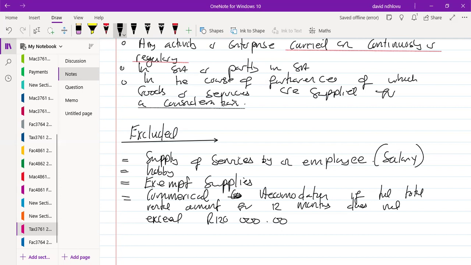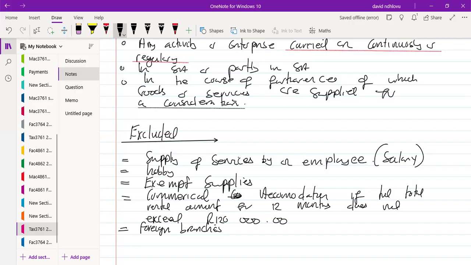Right, then we have foreign branches. If you have got foreign branches, you are domiciled in South Africa as a company, but you do have a branch in the United Kingdom. When that branch makes supplies, those supplies are not deemed to have been made in South Africa.